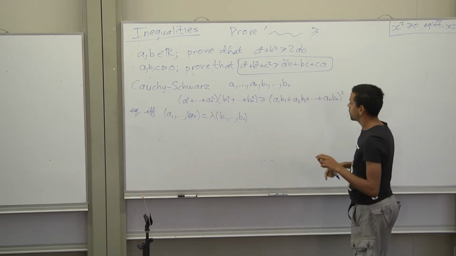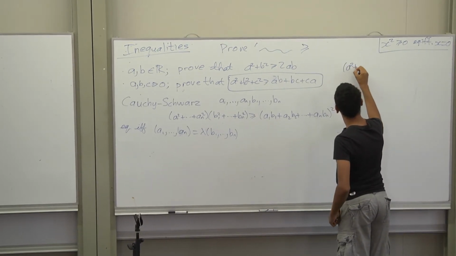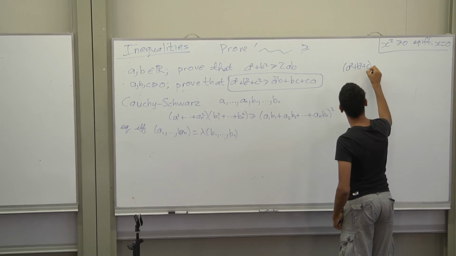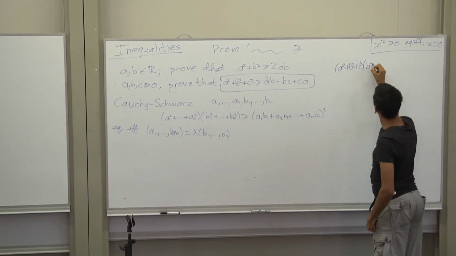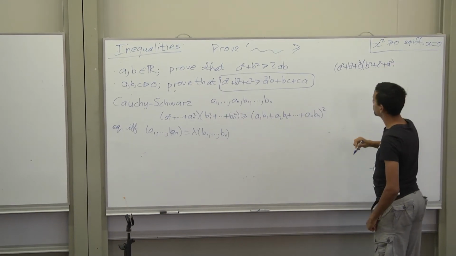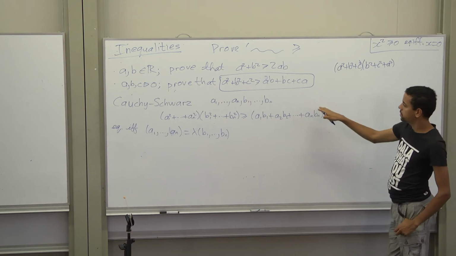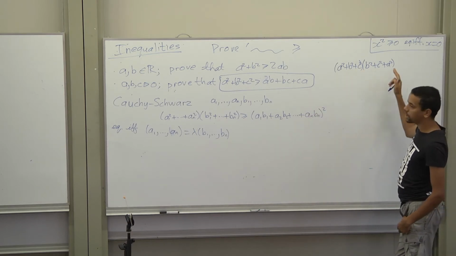So, how are we going to apply this? A squared plus B squared plus C squared multiplied by B squared, C squared, and A squared. So here our N is 3, our one sequence is ABC, the other sequence is BCA.